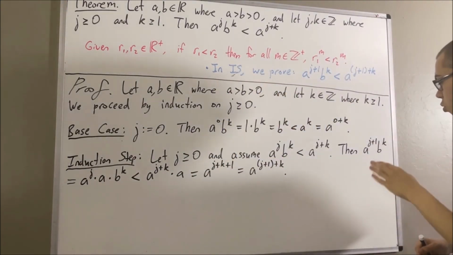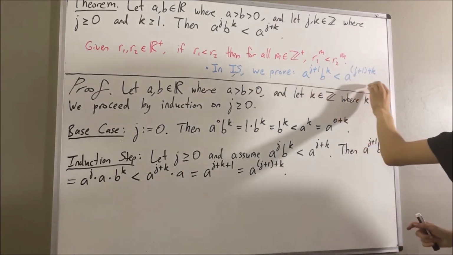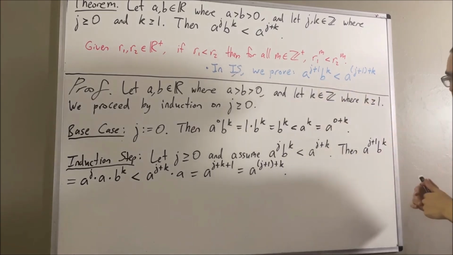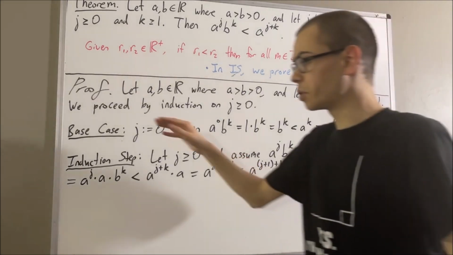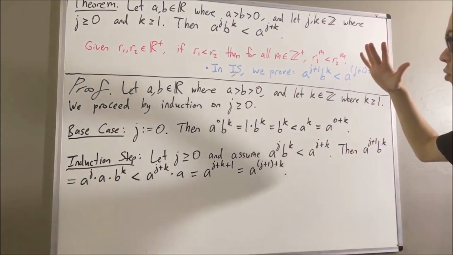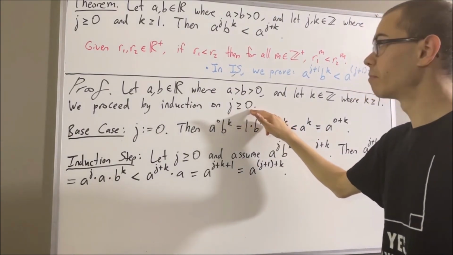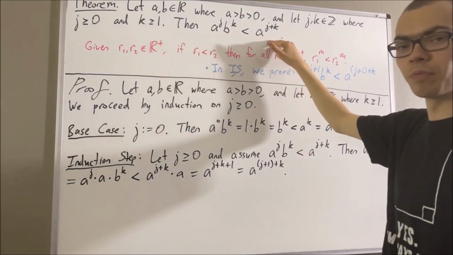So as you can see, we have shown that this is less than this, which is exactly what we wanted to show. So this completes the induction step. And because we've completed both the base case and the induction step, this closes the induction, which means we have shown that for all integers j greater than or equal to 0, this is true.